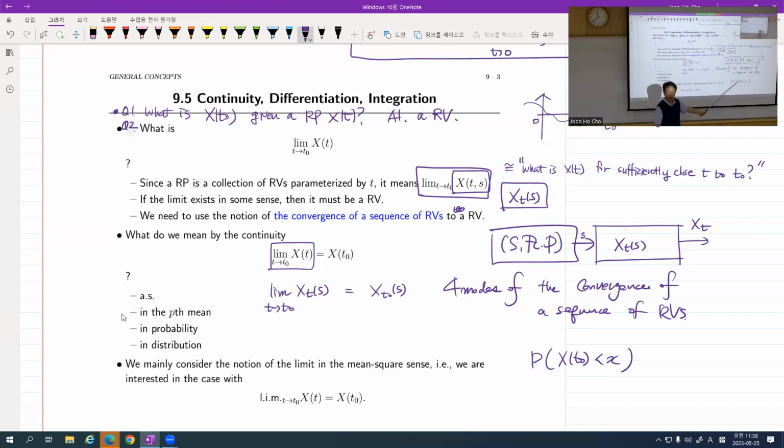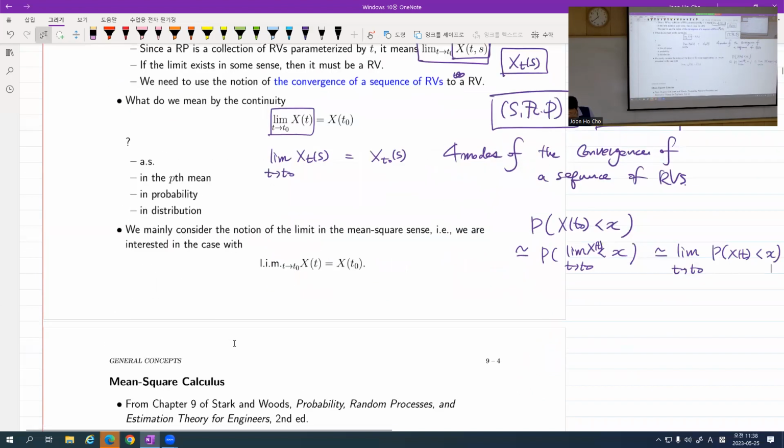So you want to approximate it, and as an engineer, I would make a statement like this for sufficiently small epsilon.